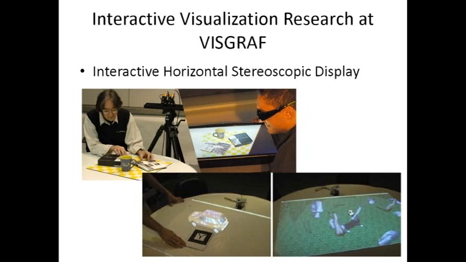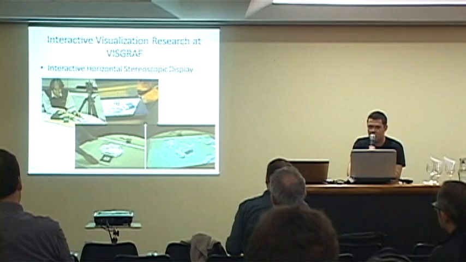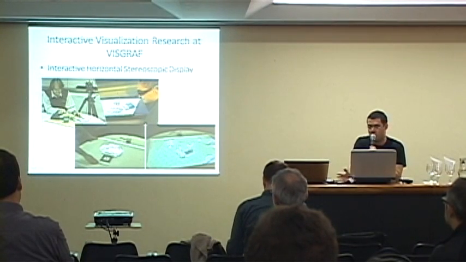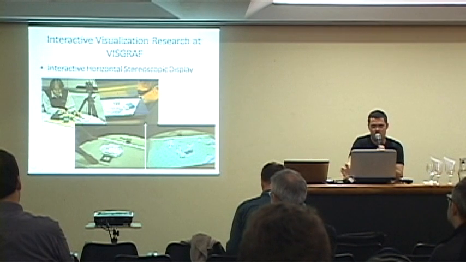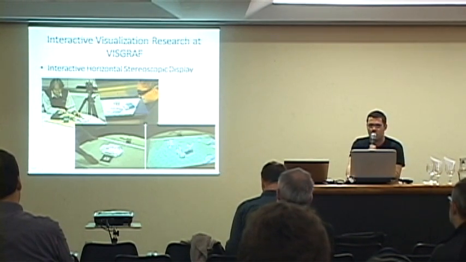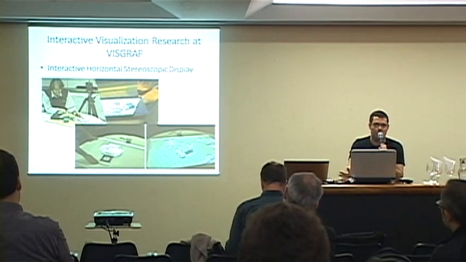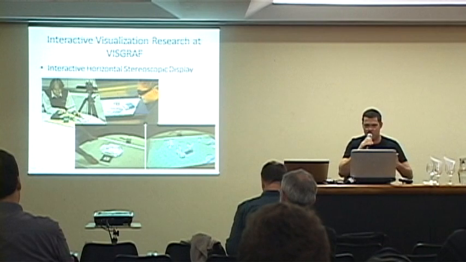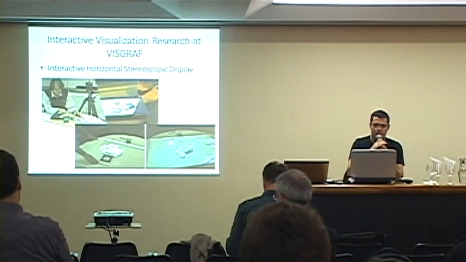Another project refers to interactive horizontal stereoscopic displays. This project proposes a new architecture for displaying stereoscopic images over a horizontal surface. The main motivation of this work is to project a stereo image on a horizontal table.